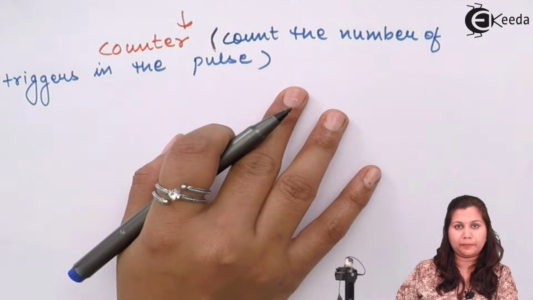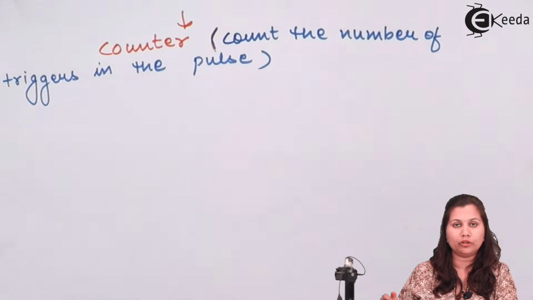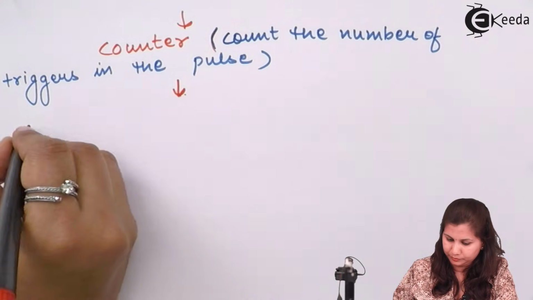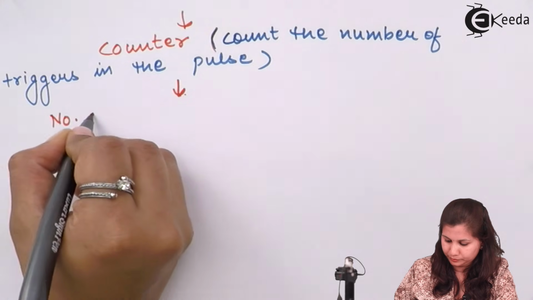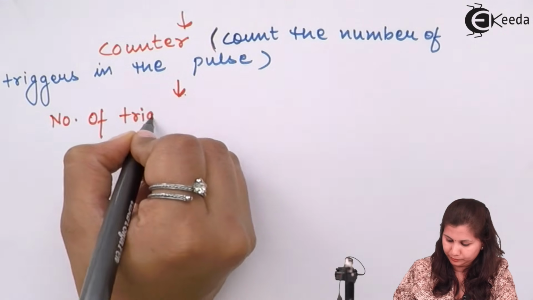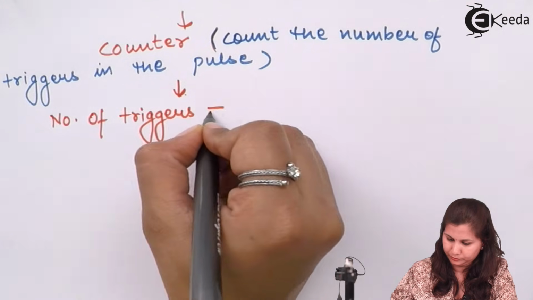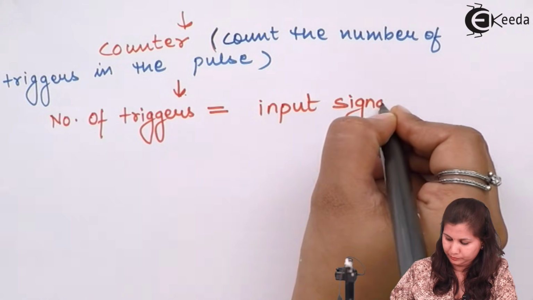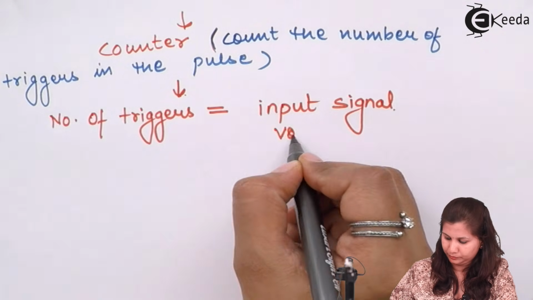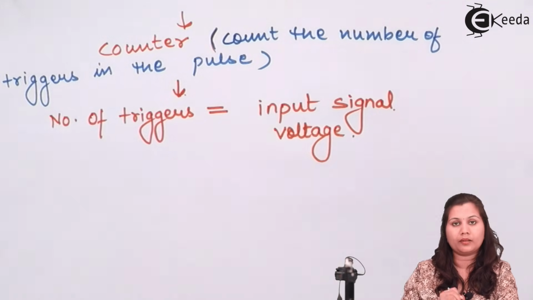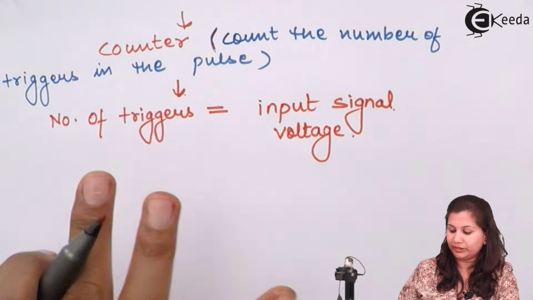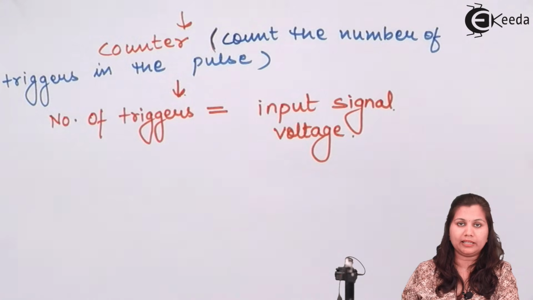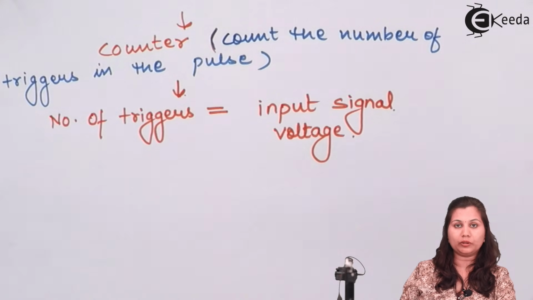This number of triggers will be equal to the input voltage, and we can calibrate this counter so that we can read the value of the input voltage in volts directly from the display unit. So this is how the digital voltmeter works.